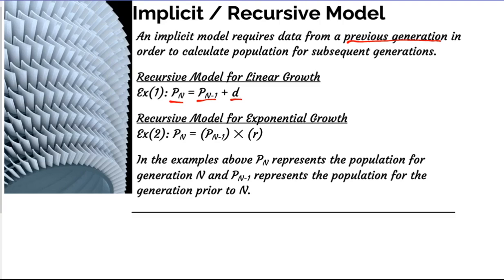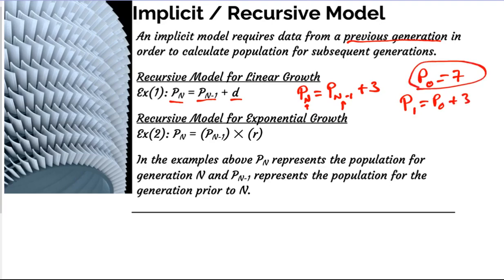So if I were to have P sub n equals P sub n minus 1 plus 3, and we knew that P0 was, let's say, 7, then we can say that P1, if I plug in 1 for n, then 1 minus 1 is P0, so P1 would be P0 plus 3. We see that P0 is 7, so P1 would be 10.